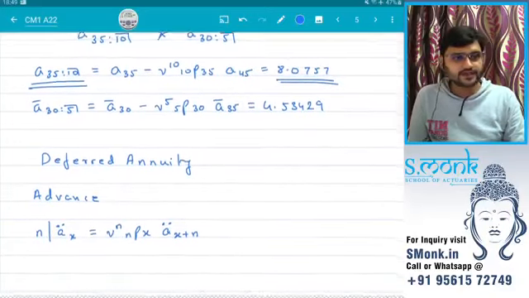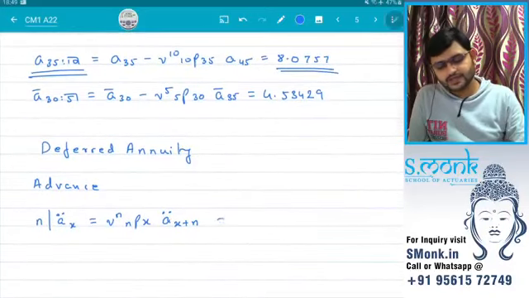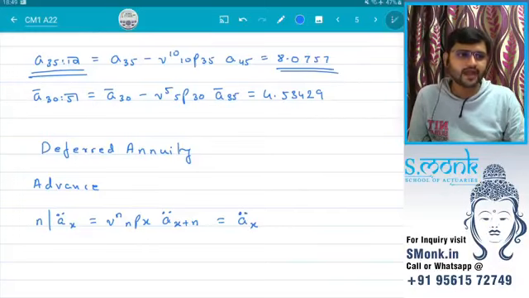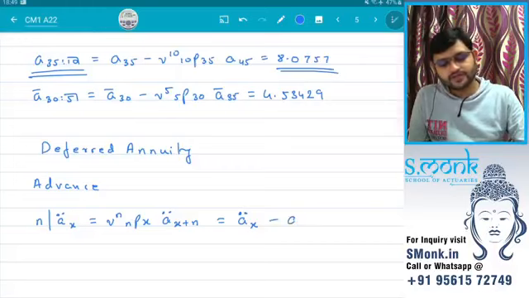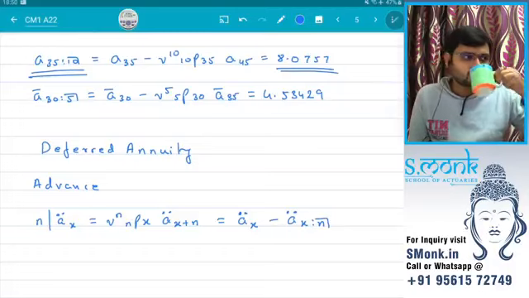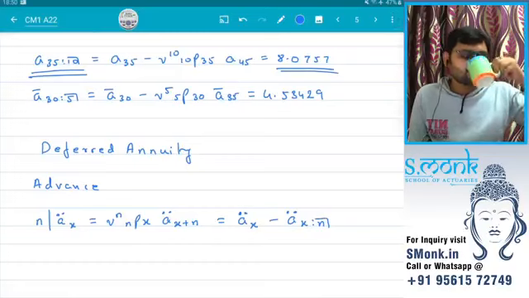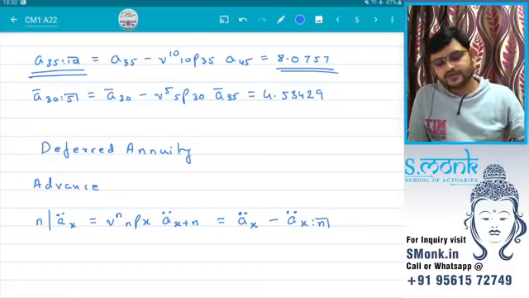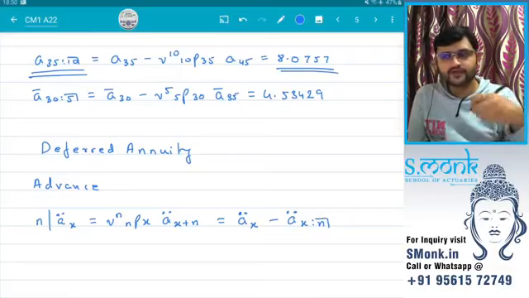There is another way of writing this. We can start an annuity from age x and just not give them the annuity for the first n years, that is, subtract the temporary annuity for n years. This is exactly what we used to write with level annuities.